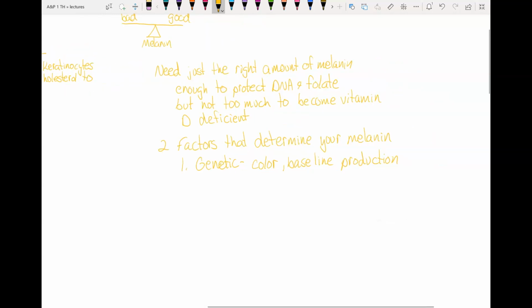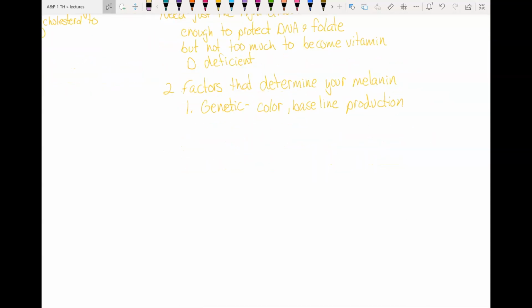And this is based on where your ancestors evolved. And when I refer to ancestors here, I'm talking about like 20,000 years ago ancestors, not recent ancestors.